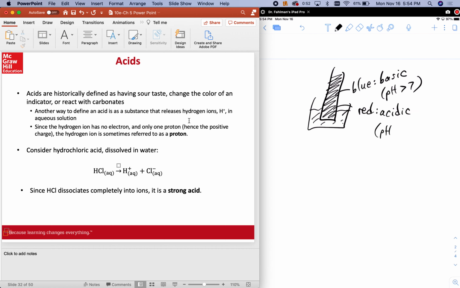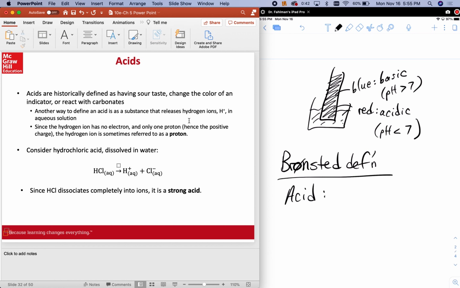Really, for the definition of acids, there are a few different definitions. One important definition is the Bronsted definition, and that is that an acid is an H+, which is known as a proton donor, and a base is an H+ acceptor.